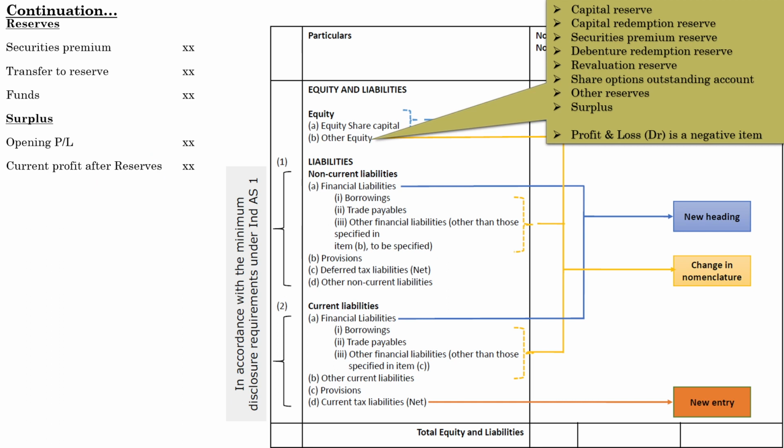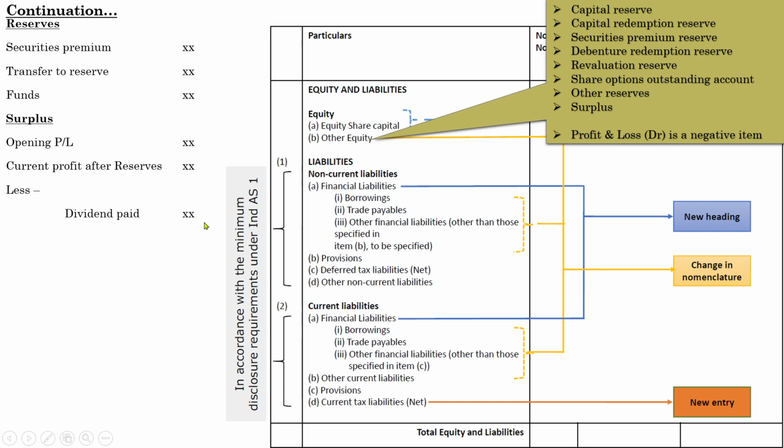Don't worry, we will discuss these cases in detail in the practical case. Anyway, right now understand it. So, current year profit after reserves, because we have already added the reserve part under the head reserves. From all these items, less any dividend paid during the year.